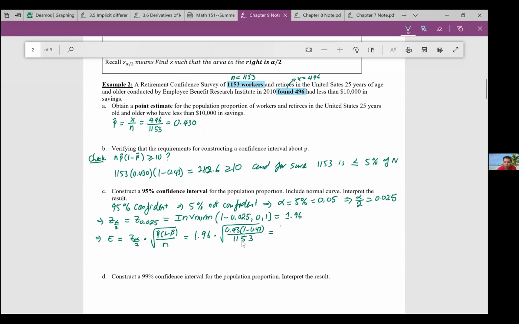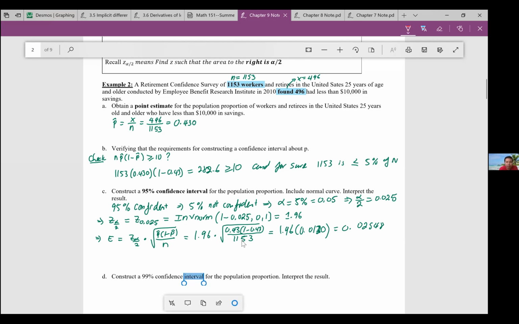All right, so 1.96 times 0.0129. All right, so we get 0.02548. After you have the margin of error, then you can find the lower bound and also the upper bound.